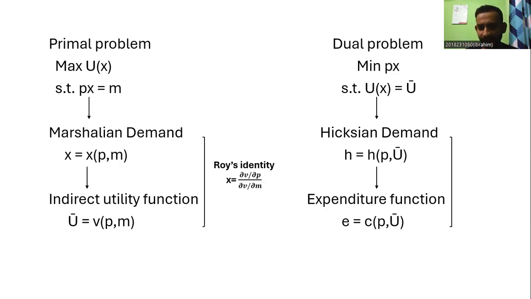And if we differentiate the expenditure function with respect to given utility, we will get Shephard's lemma. So that's all for the dual problem and the primal problem, what the differences between them are, and what we can get from these two problems. Hope everyone will like it, and thank you so much.